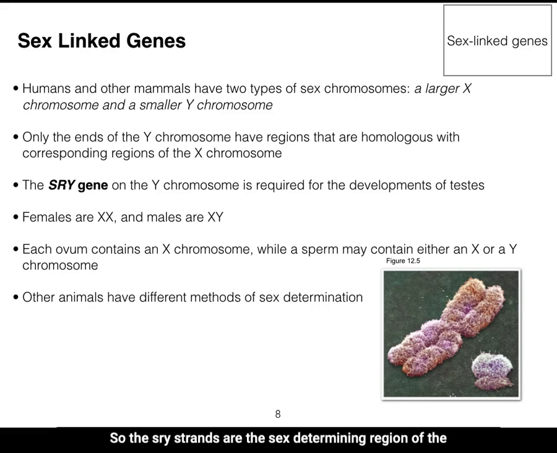So the SRY gene is the sex-determining region of the Y chromosome. By this system, females are XX and males are XY. Each egg contains an X chromosome, while sperm may contain either an X or a Y chromosome. Other animals have different methods of determining sex.